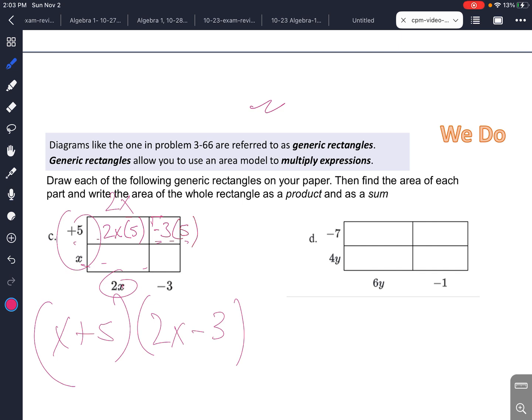If you think about it, this side equals this side, and this side is 5, so it's negative 3x times 5. Here I have x times 2x. And here I have negative 3 times x. Okay?